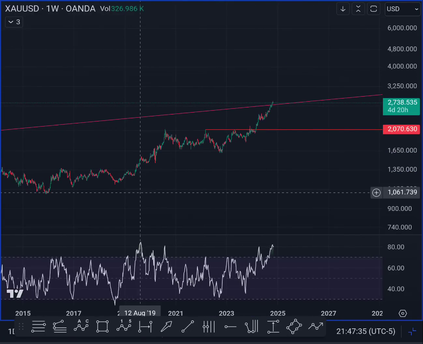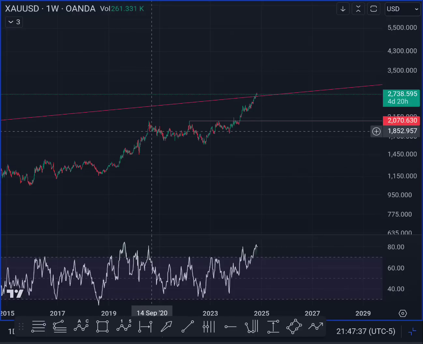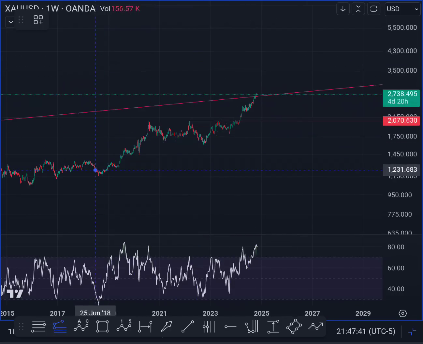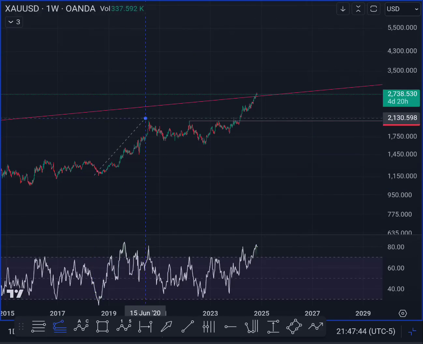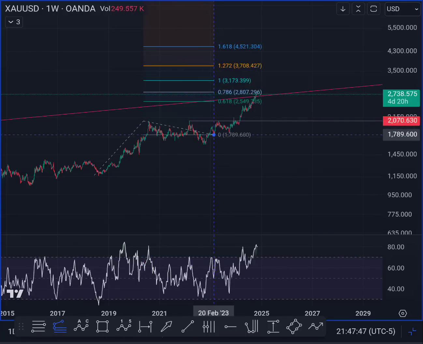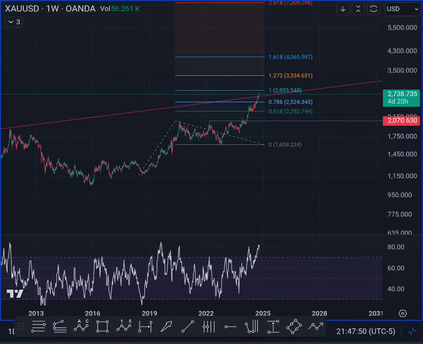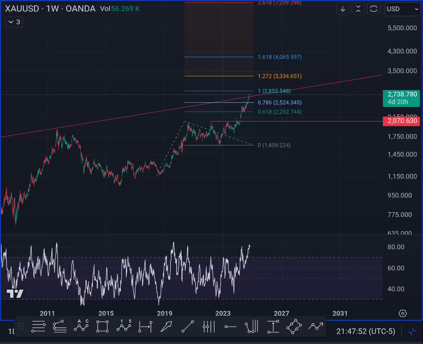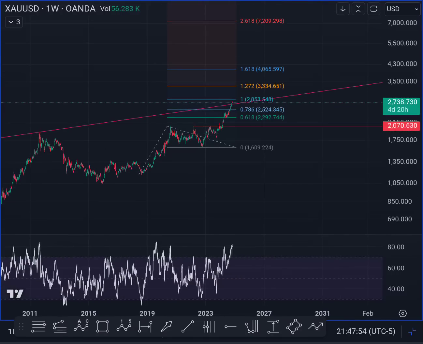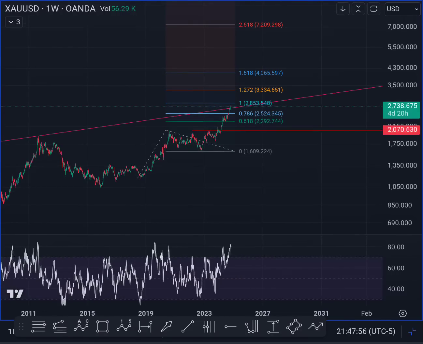It kind of looks like it's repeating this leg, kind of going up. So let's measure that. See what kind of target you get. And if you get up to there, it'll be the 1.618. It would probably consolidate there and continue pushing up to 7.